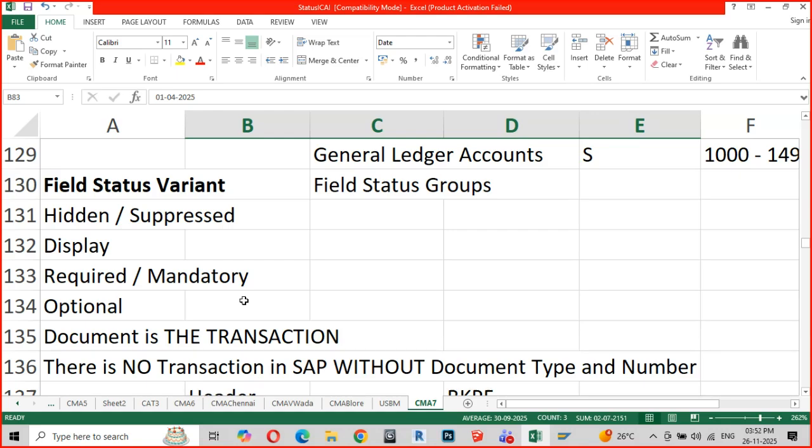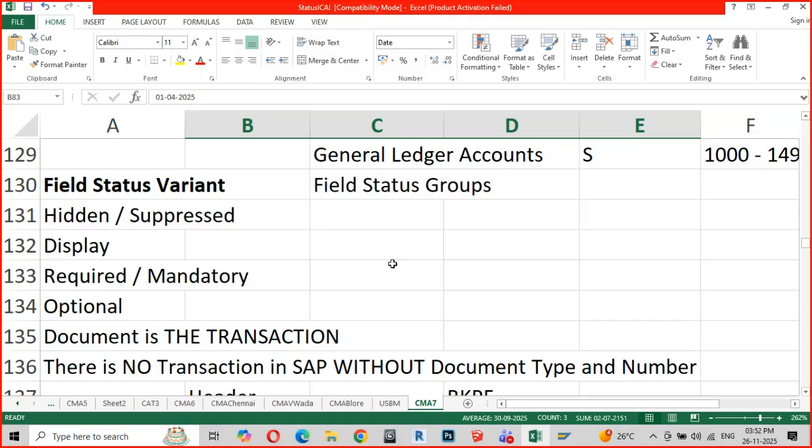So we were trying to discuss what was the role of a field status variant. I said it controls the transactional screens. Now, in SAP, what can happen?